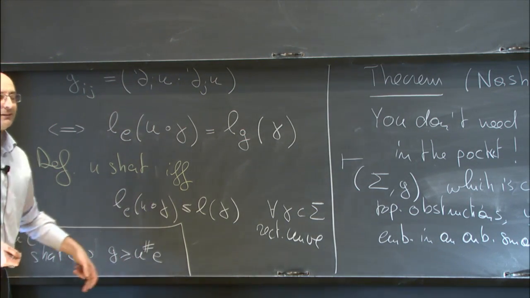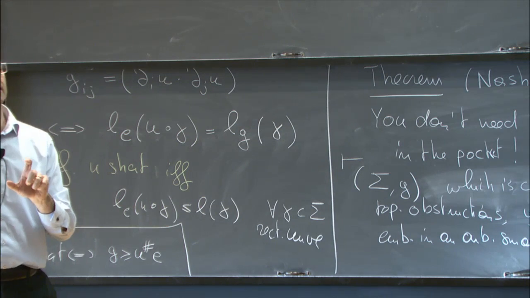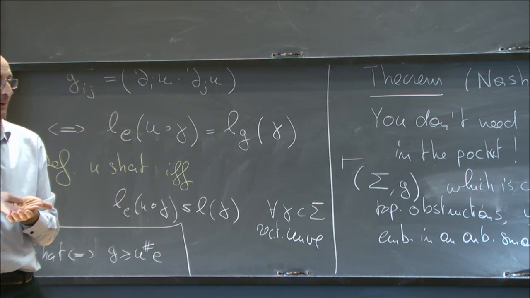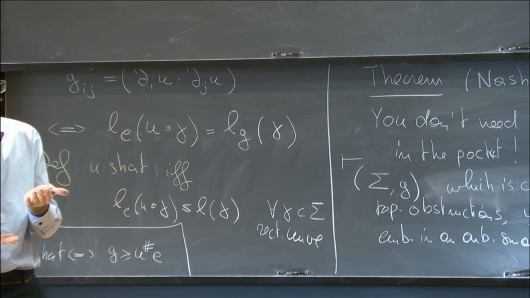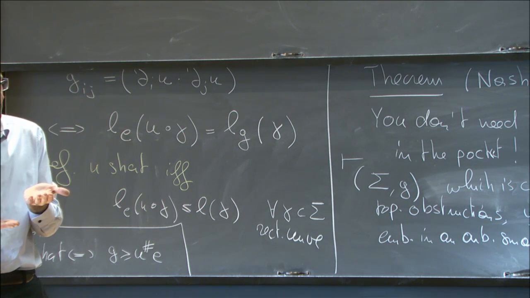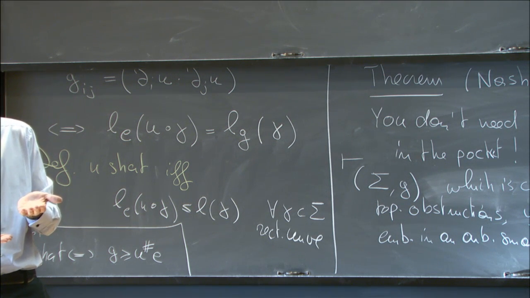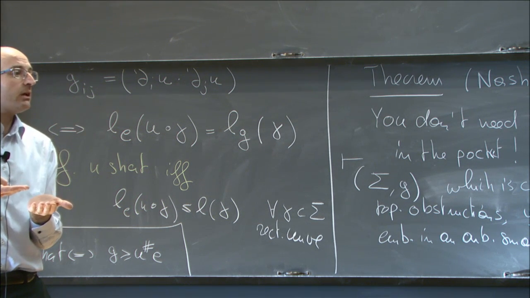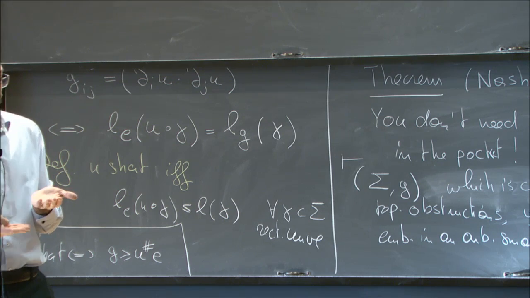With the idea that we're going to do an iteration, the only thing I have to understand is: when you give me a short map, which is strictly below g, how do I improve it? How do I add a perturbation so as to make this short map much closer to being an isometry, but staying close to it in C0?